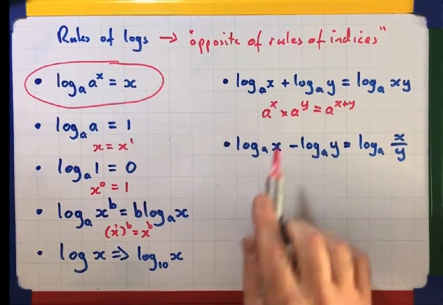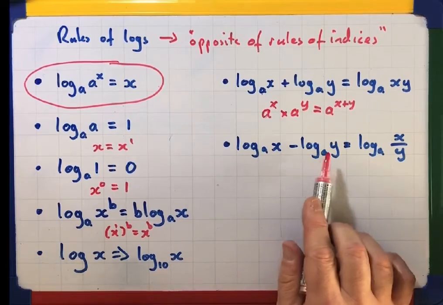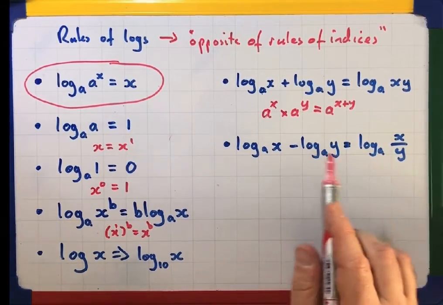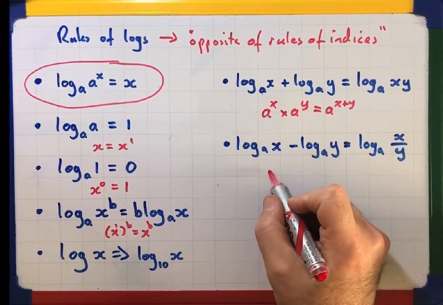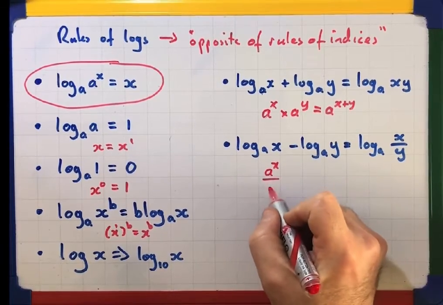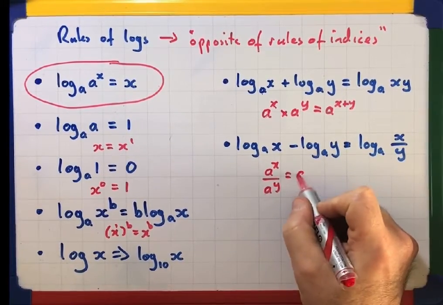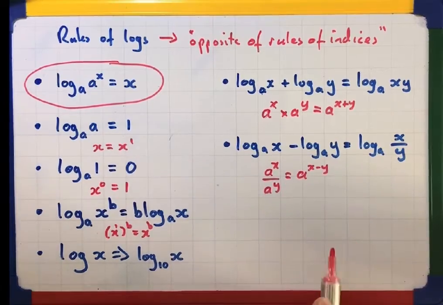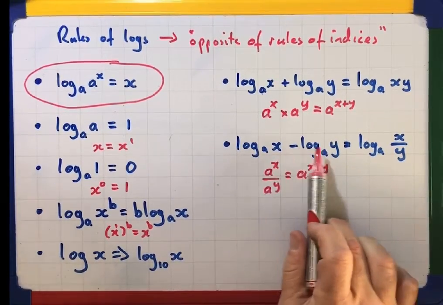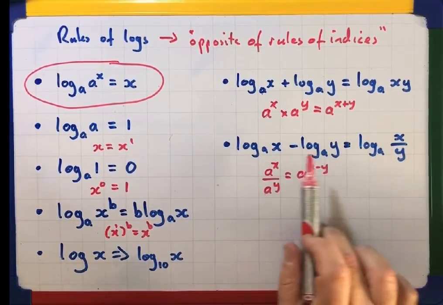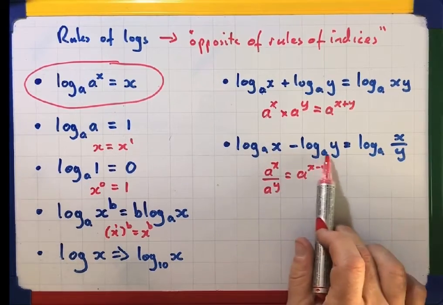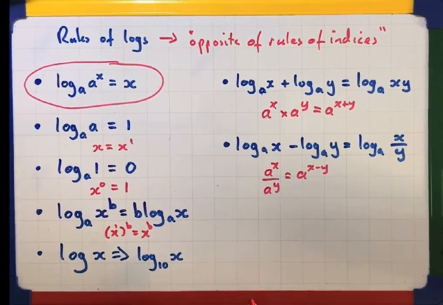That's very important. Similarly here, when you subtract, you divide. Well, we knew that, didn't we? Because a to the power x over a to the power y would be a to the power x minus y. Well, it's the other way round. So when you subtract logs, you divide. But again, remember, it's got to be when they're at the same base.